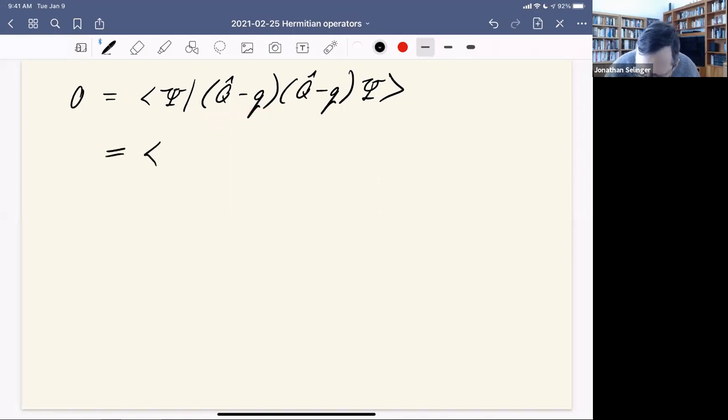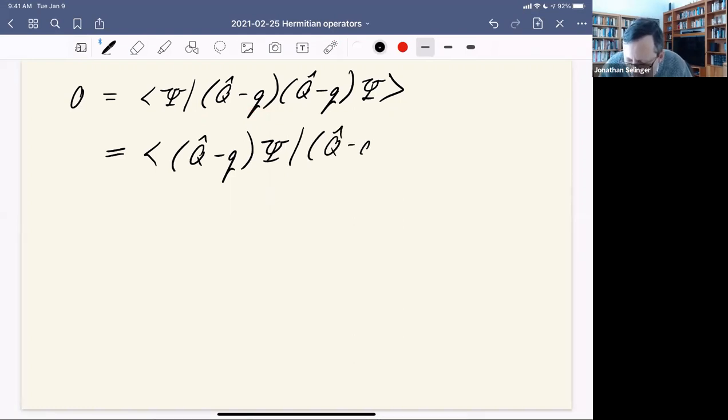So this is big Q minus little q acting on psi, inner product with big Q minus little q acting on psi.